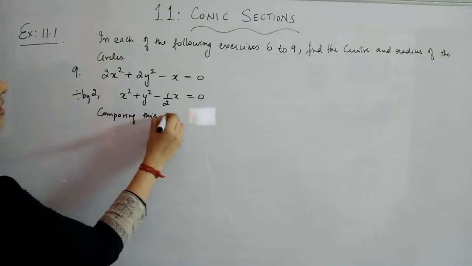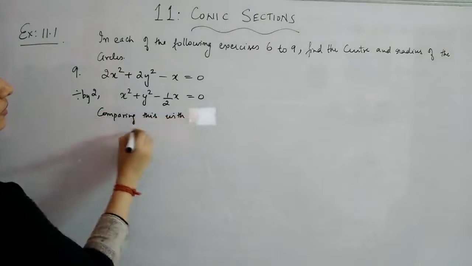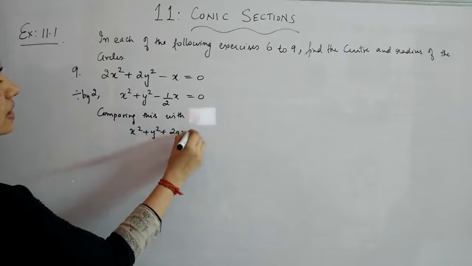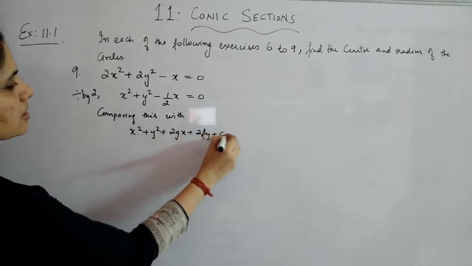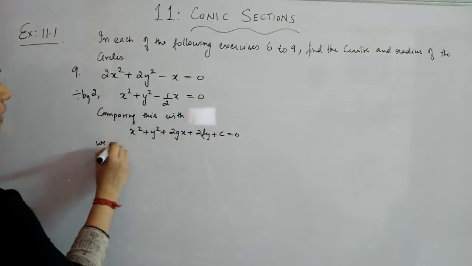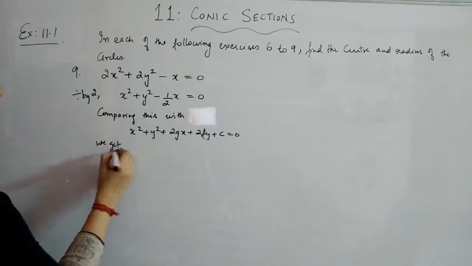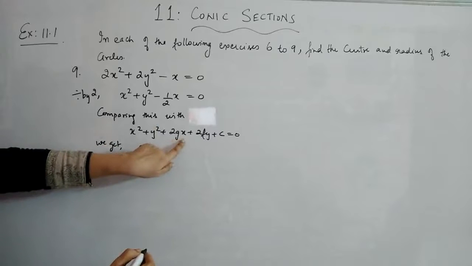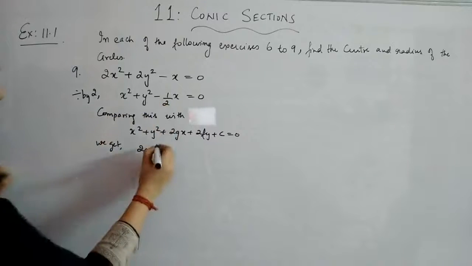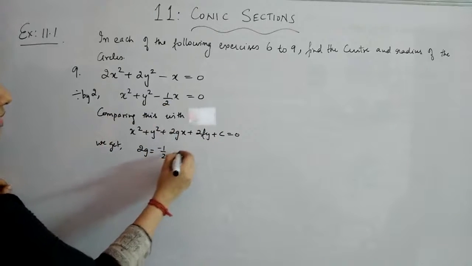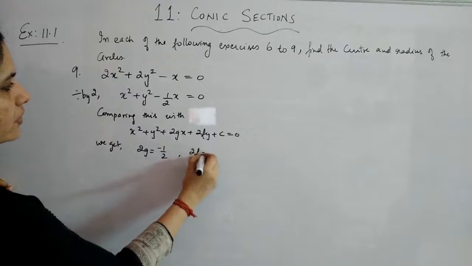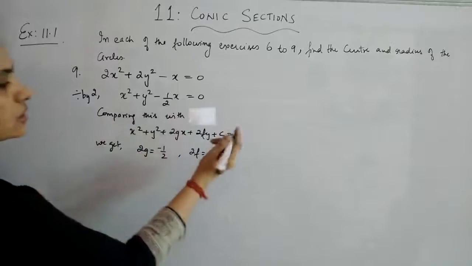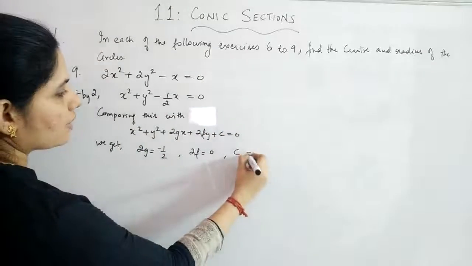Comparing this equation with x square plus y square plus 2gx plus 2fy plus c equal to 0, we get 2g is equal to, just compare the coefficient of x, it is minus 1 by 2. And 2f is equal to, you don't have anything as a coefficient of y, so it is 0, and c also you don't have, it is 0.